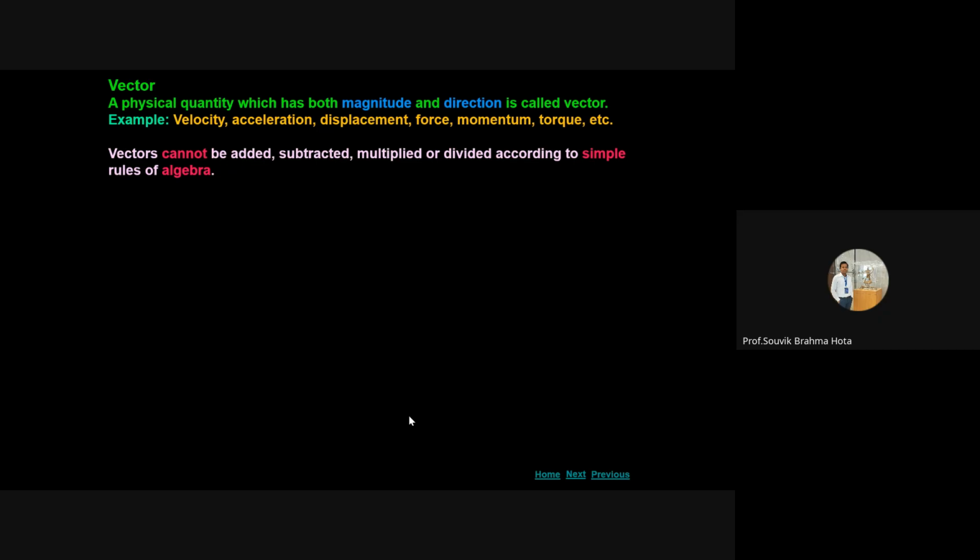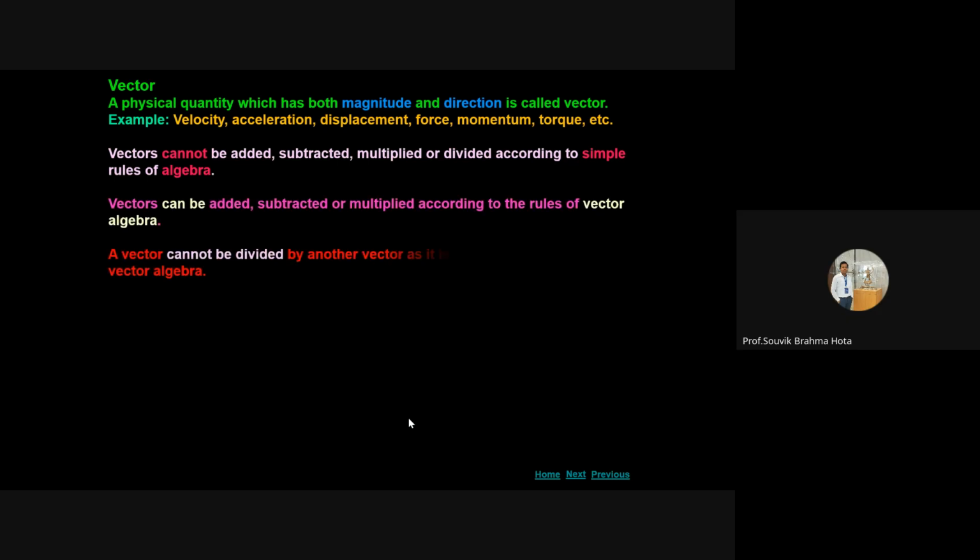And vectors cannot be added, subtracted, multiplied or divided by the simple rules of algebra. For that we should learn vector algebra. Vector algebra is a different portion in maths, but the vectors introduced in physics are what we'll be discussing today. A vector cannot be divided by another vector, as it is not a valid operation in vector algebra.